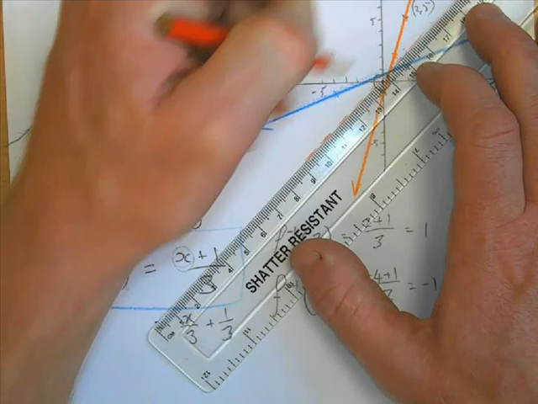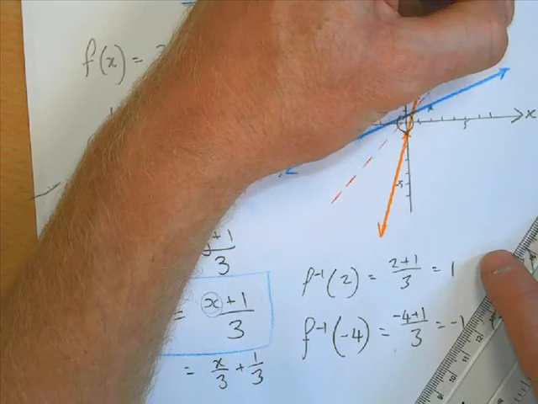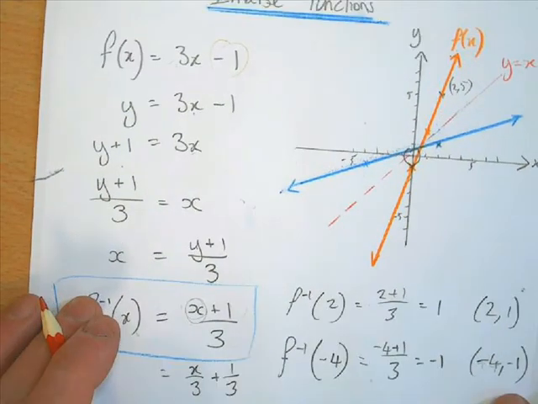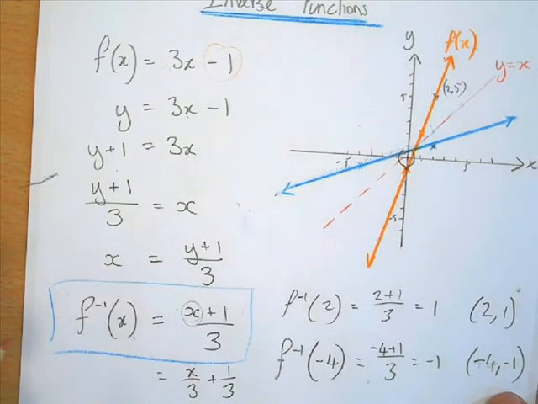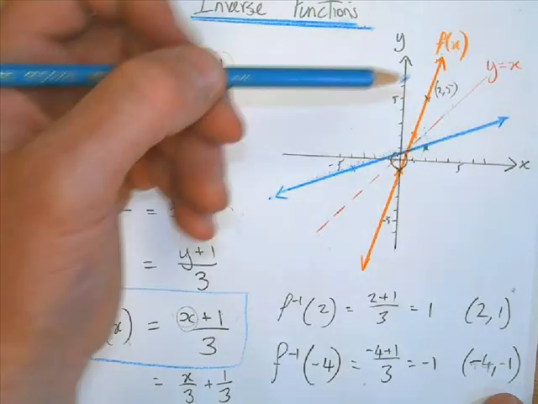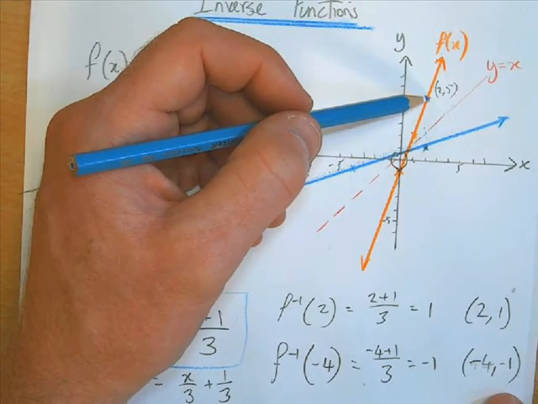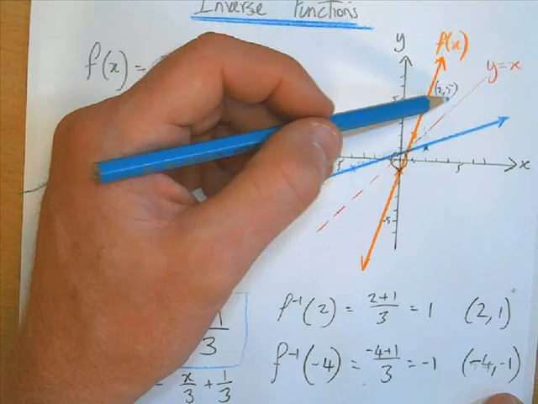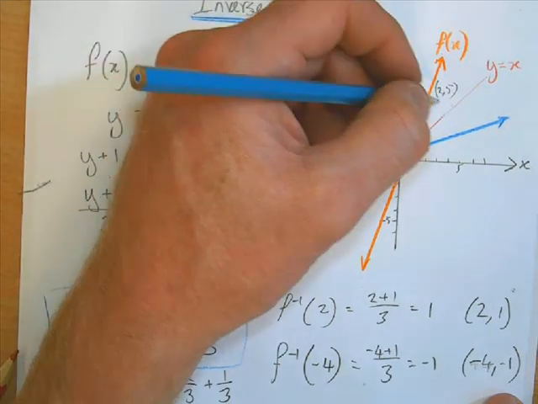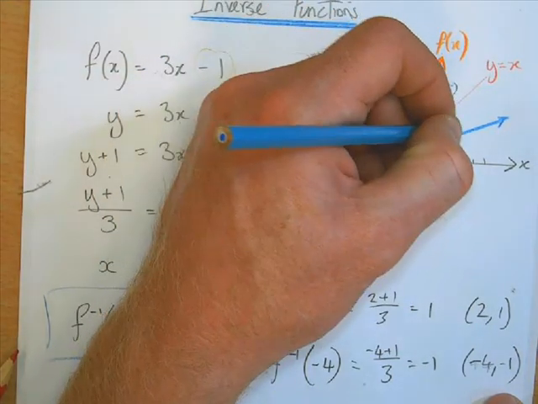That's the line y equals x. So all inverse functions are reflected in the line y equals x. So that means if you want to work out where this reflection is going to be, you just flip these coordinates around. So if that's 2, 5, the reflected coordinates would be 5, 2.